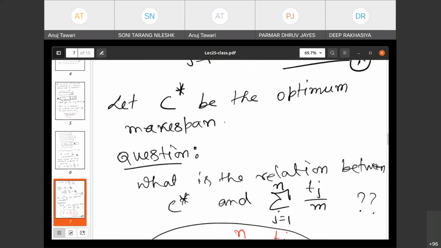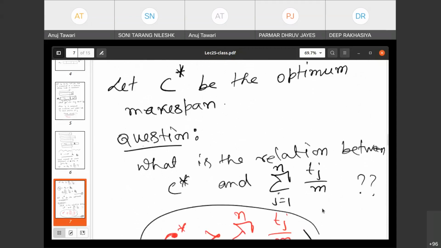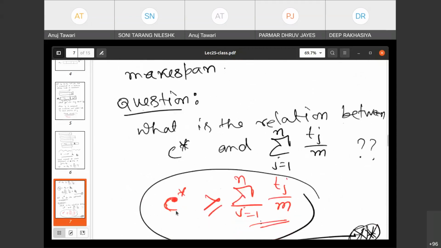What is the relation between C star and summation Tj divided by M? We have already seen that the optimum must at least be summation Tj divided by M, right? Because we could sum up the running times of all these jobs divided by M. At least one machine should run for that much time.